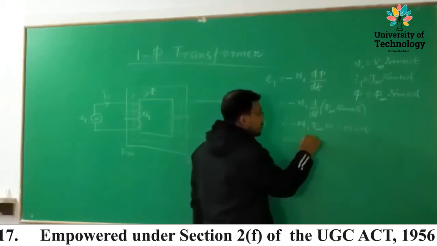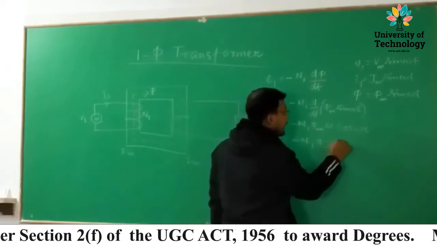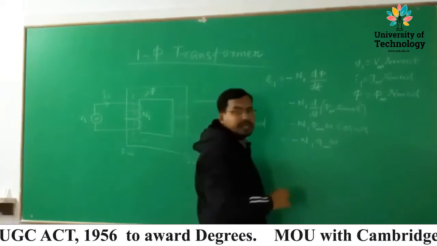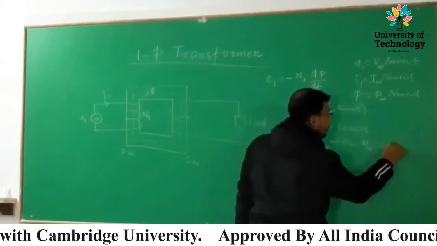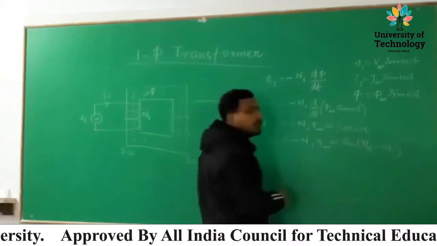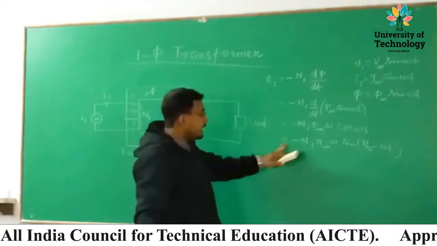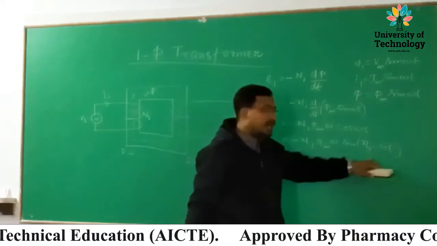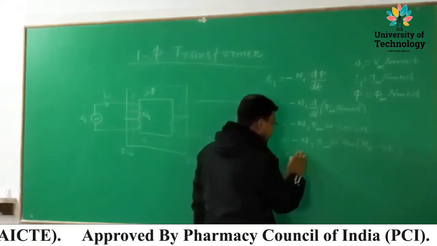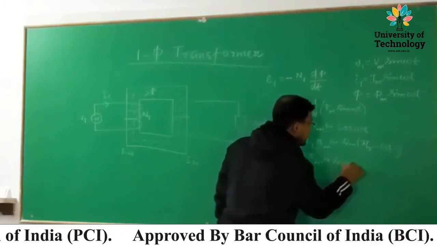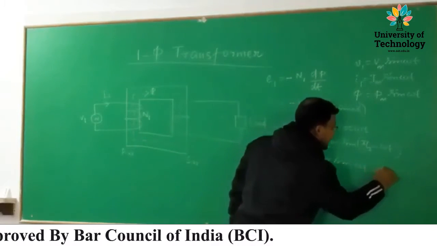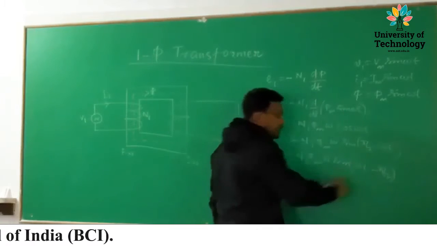This equals N1 phi m omega cos omega t, which we can write as sin of pi by 2 minus omega t. Now sin being an odd function, we can take this minus sign inside, so this gives us N1 phi m omega sin of omega t minus pi by 2.